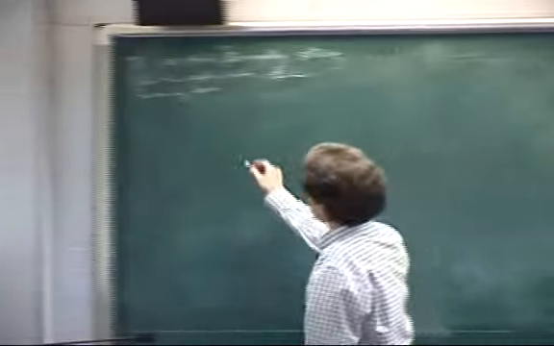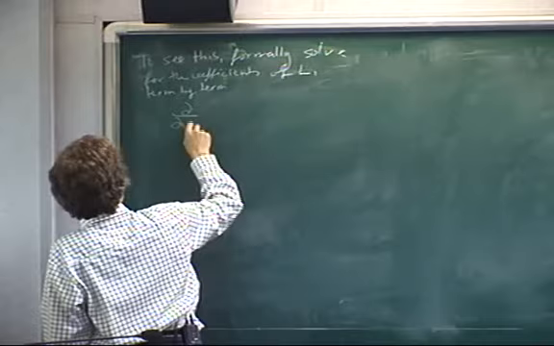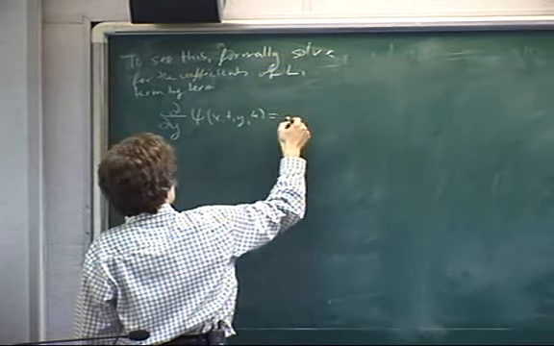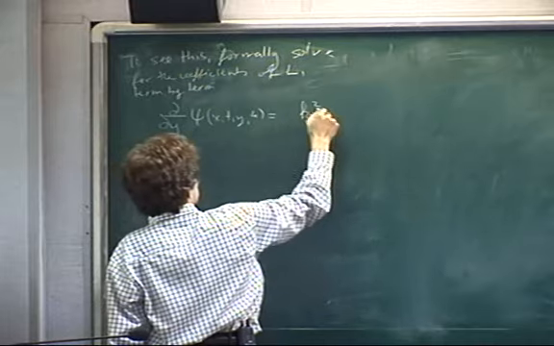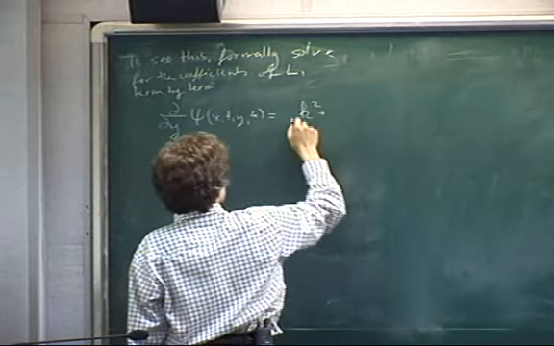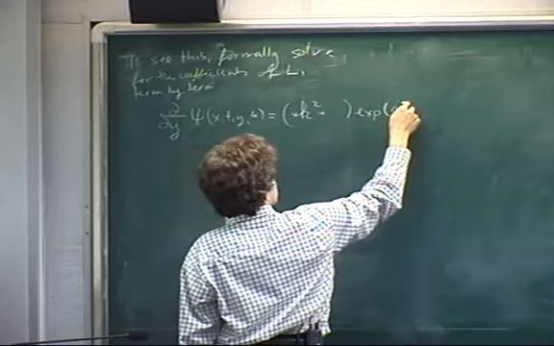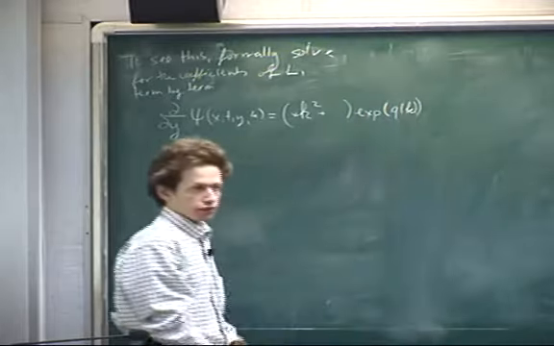So what I'm trying to say is the following, that d dy of psi x t y k starts with k squared term plus and so on, with some coefficient, times the exponent of q of k. Right?